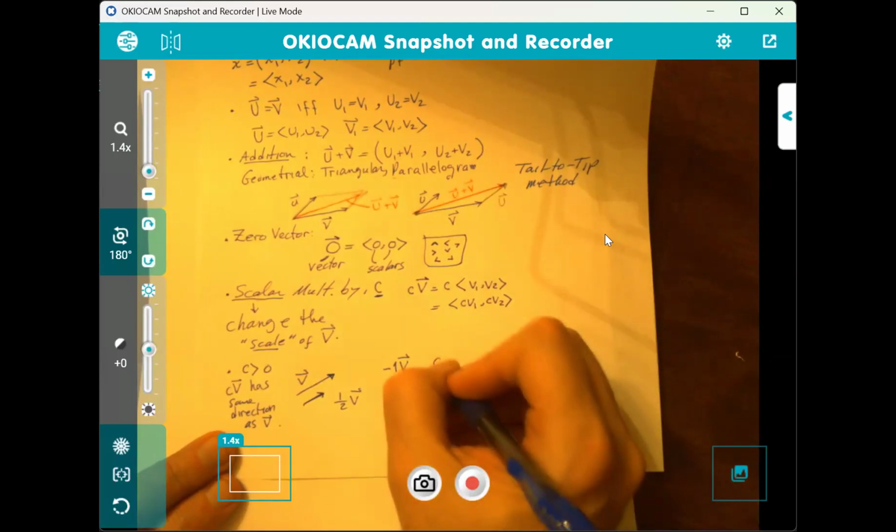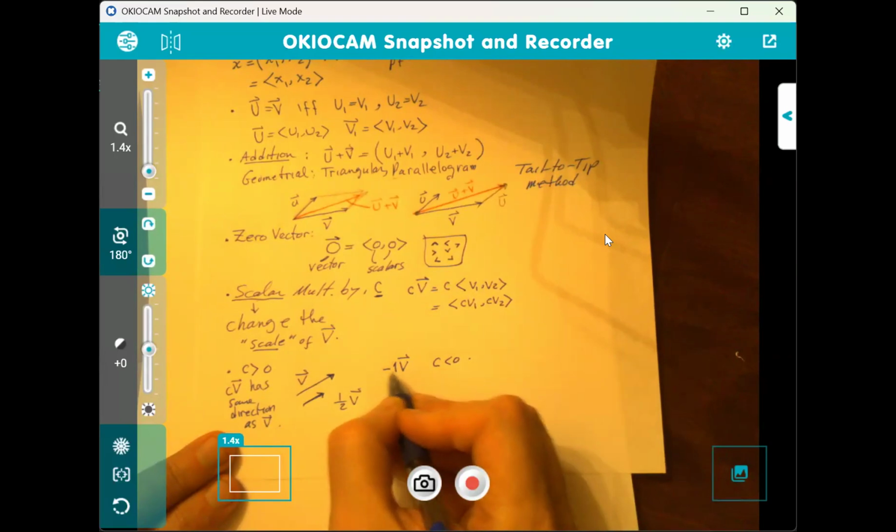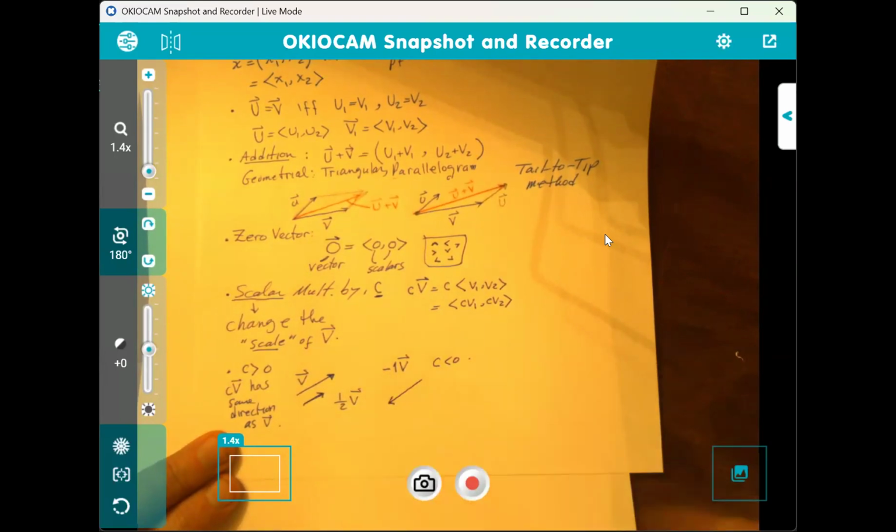This time C is less than 0. If C is less than 0, the negative will change the direction now, doesn't it? So whether C is positive or negative, that determines the direction of the vector.